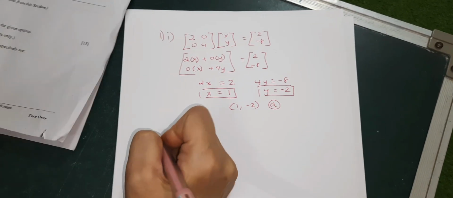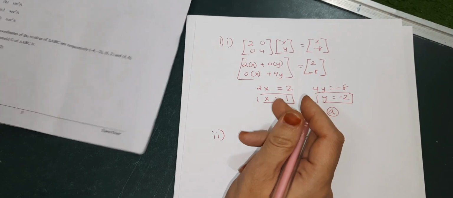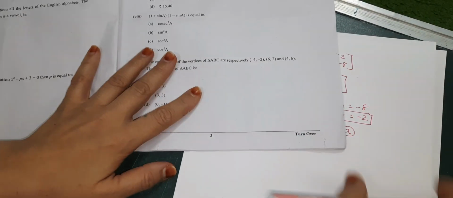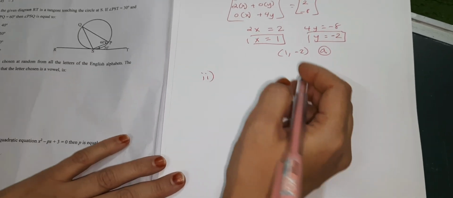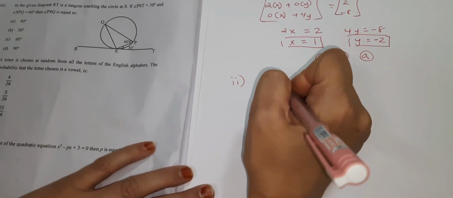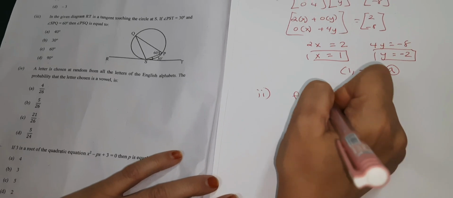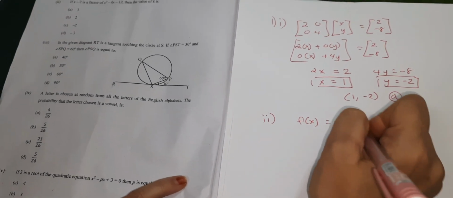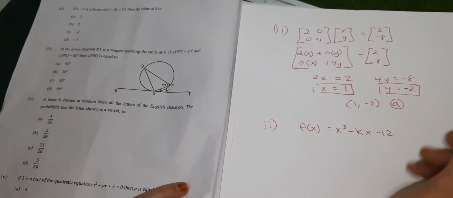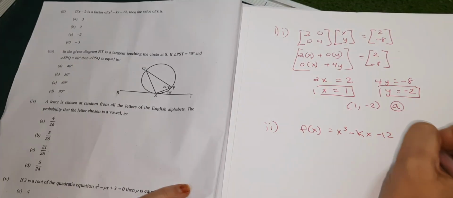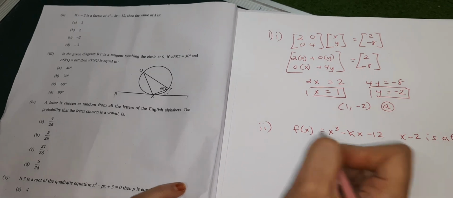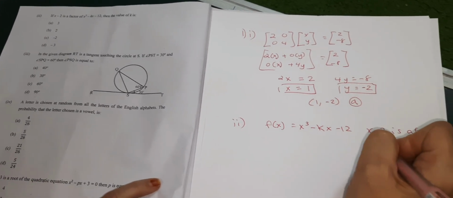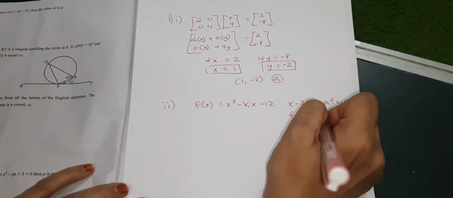The second one is, if x minus 2 is a factor of x cubed, let's say f of x is equal to x cubed minus kx minus 12, and they said x minus 2 is a factor. That means x minus 2 is a factor means that f of 2 is equal to 0.